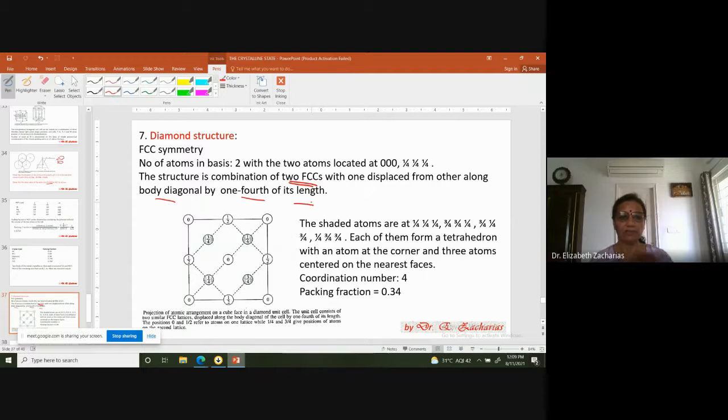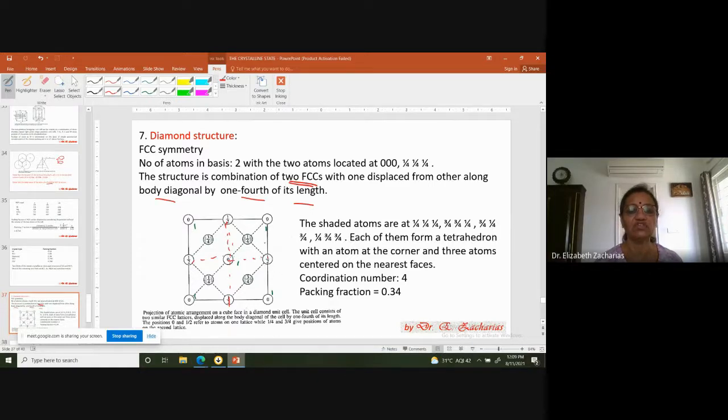And if you try to see the placement of the carbon in this diamond structure, the 0, 0, 0 is the base layer. So 5 of them are sitting at the base. The next, you have to imagine this cube to be made up of 4 little cubes.